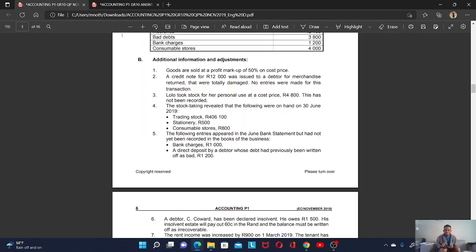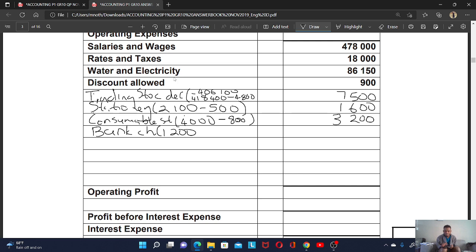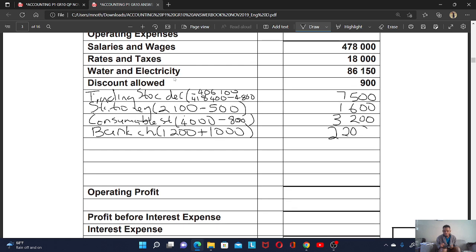And then we have the ones coming from the bank statement for June. They are 1,000 rand. So let's go and record them. The answer is going to be 2,200.